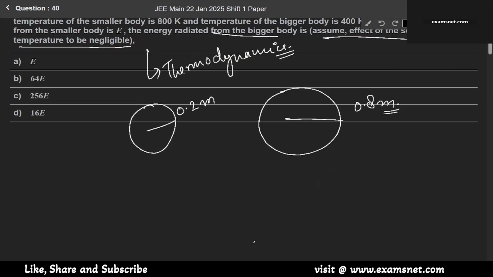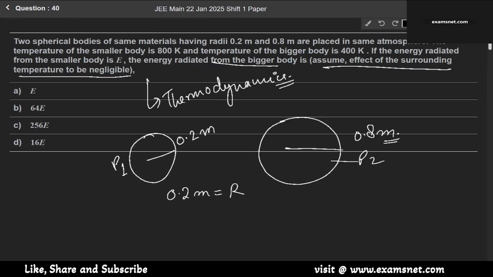Let us say 0.2 meter is considered as R, this is P1 and this is P2. If it is R, then P2 has the radius of 4R. And we know the formula P equals sigma epsilon A T raised to the power 4.